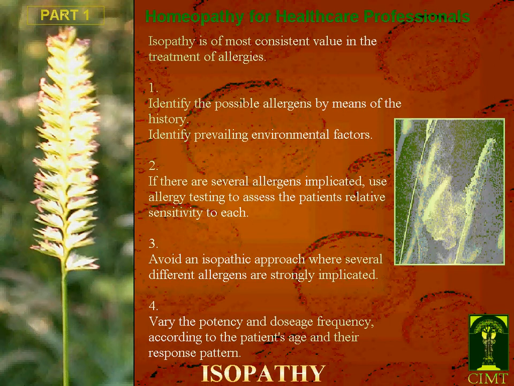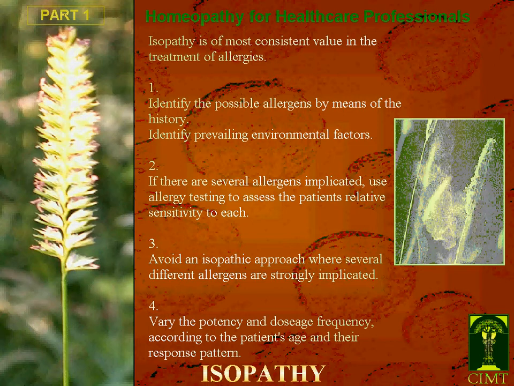As a general rule, where you have a patient who has multiple allergies, isopathy isn't all that helpful. You need to use other homeopathic approaches. The reason is that, for example, if you have a patient with asthma and they've got sensitivity to dog danders and sensitivity to house dust mite and sensitivity to feathers, and they've got an allergy to cotton flock and they've got hay fever, if you try to desensitize them to one allergy using homeopathic preparations of the allergen, the others that they have a sensitivity to will keep the syndrome going.